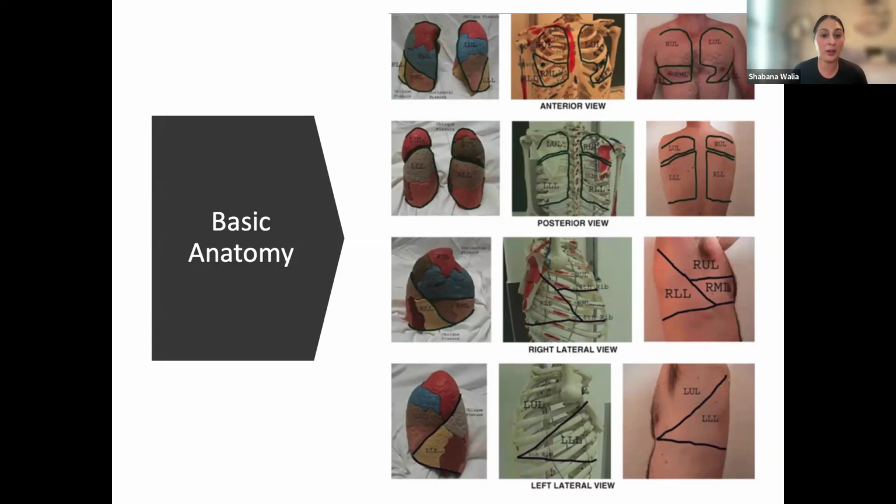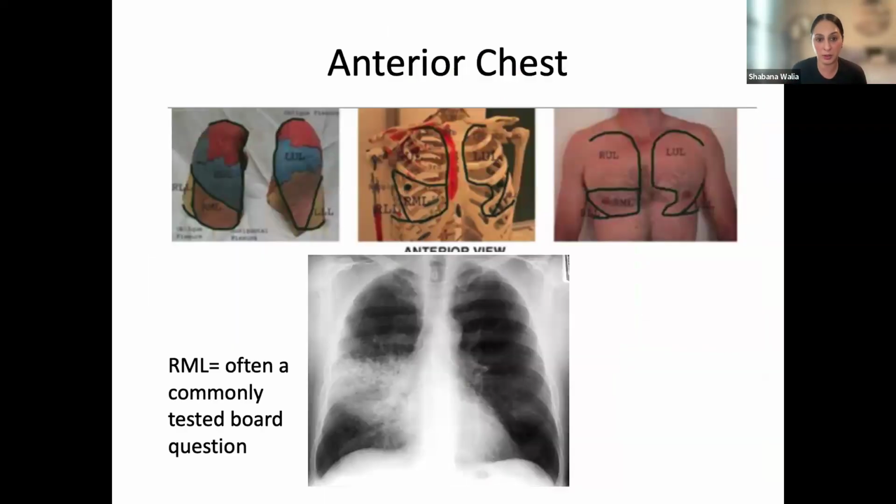And if this is something that you're not remembering, again, you're not going to know where abnormal is, what normal is, when you hear those crackles or focal wheezes, or even on percussion, if some of you are still doing that, right? You're not going to know where the abnormality is just because you're not remembering your basic anatomy. So always go back to your basic anatomy. Remembering that the upper lobes are mostly the anterior chest, the lower lobes are mostly in the posterior chest.